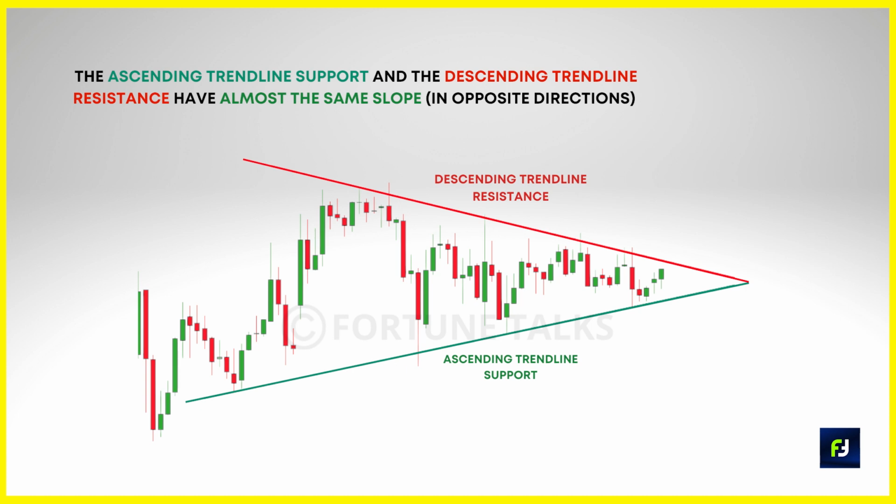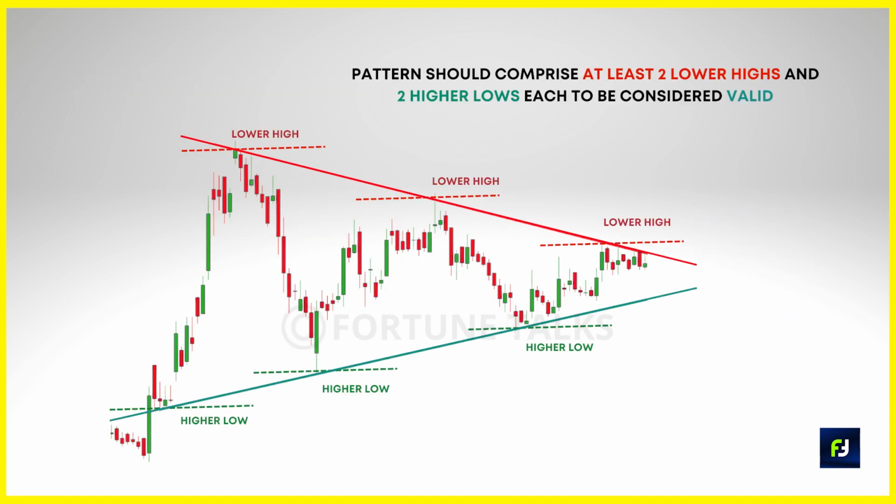It is within these trend lines that the actual consolidation of prices happens, and both of these trend lines meet at a common point called the apex. The triangle should comprise at least 2 lower highs and 2 higher lows each to be considered a valid symmetrical triangle pattern.